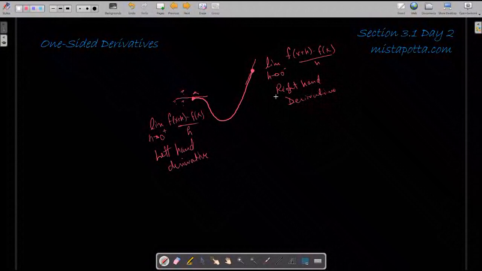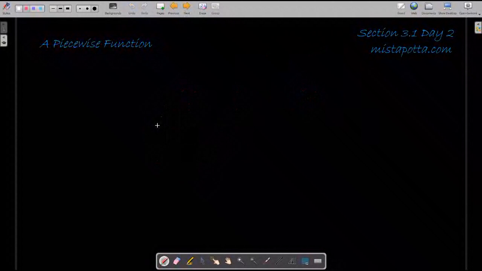And what this allows me to do is take a look at a function that has boundary points or that is piecewise. And so I want to take a look at an example of a piecewise function.